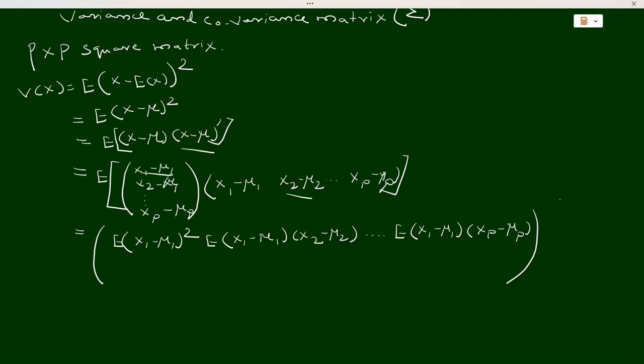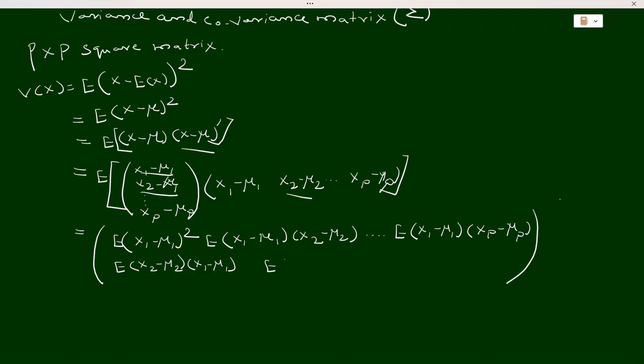Okay. So next we consider the x2. So therefore we can write it like this, that is expectation of x2 minus mu2 into x1 minus mu1.